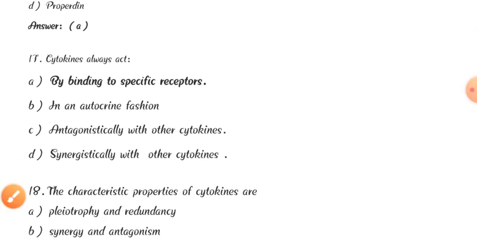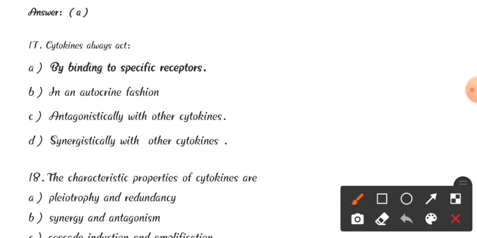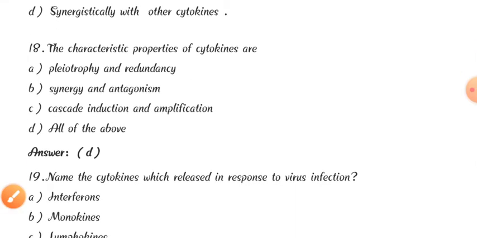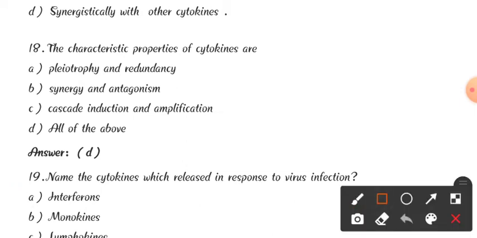Now question number 17, cytokines always act by binding to specific receptors. Question number 18, the characteristic properties of cytokines are, option D, all of the above, should be the correct answer.